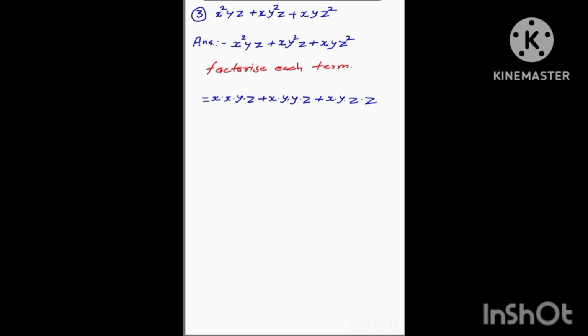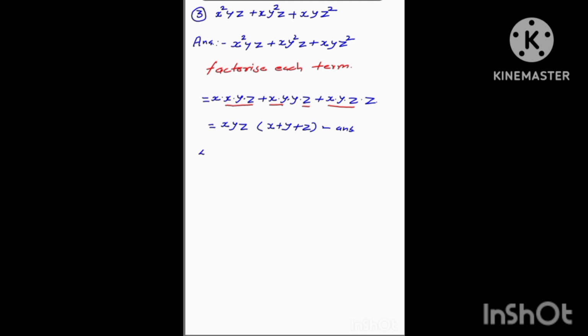So see, there is xyz common here, also xyz common here, and xyz common. Now let us make it a very simple problem. Take xyz common and in the bracket x plus y plus z. Very simple. See, if you go step by step, that is very simple. This is your answer.